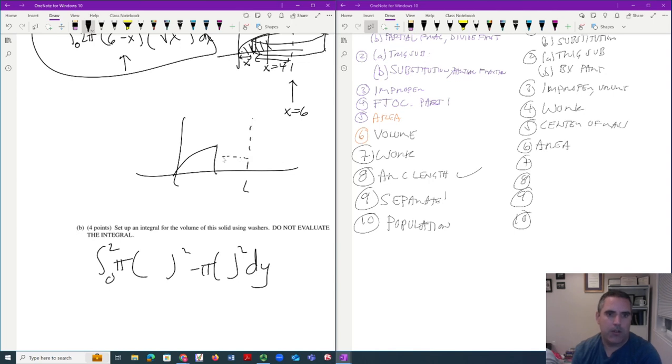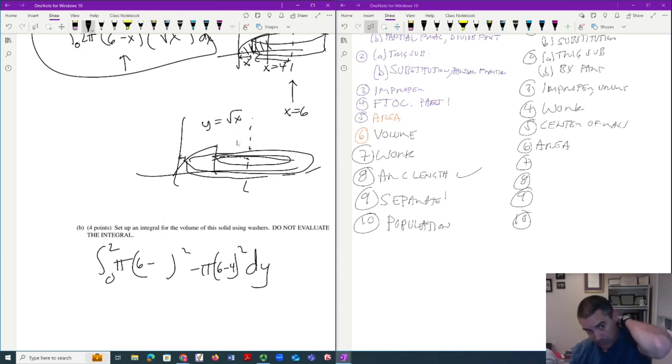You have to figure out how far it is from here to here, that's the inner radius, and how far it is to the edge, that's the outer radius. So the inner radius is 6 minus 4, because this is 6 and this is 4, and then 6 minus however far it is from here to here, which you should know because the equation is y equals square root of x, so that means x is y squared.